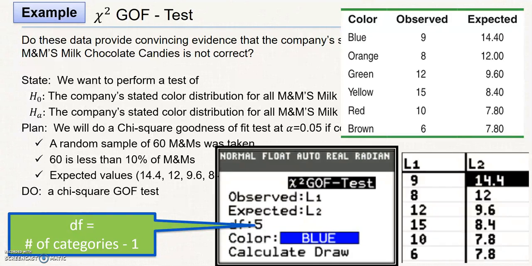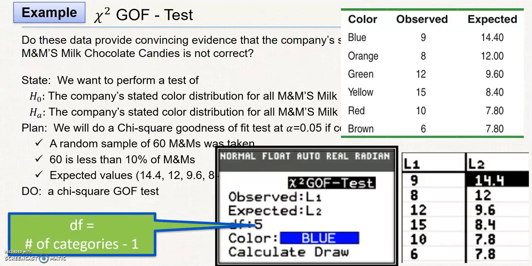Take a moment to locate this in your calculator. The test that you are looking for is the Chi Square GOF, so goodness of fit. You are going to need to put the observed data in your L1, your expected values in L2, and you will need to tell your calculator the degrees of freedom. Now be careful on this.